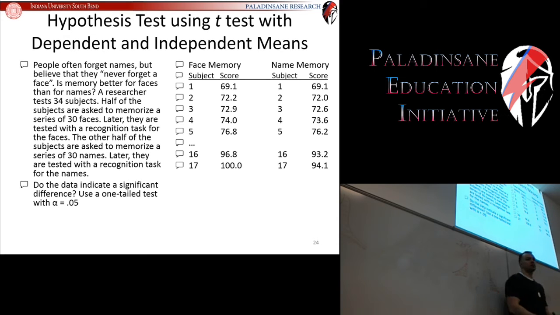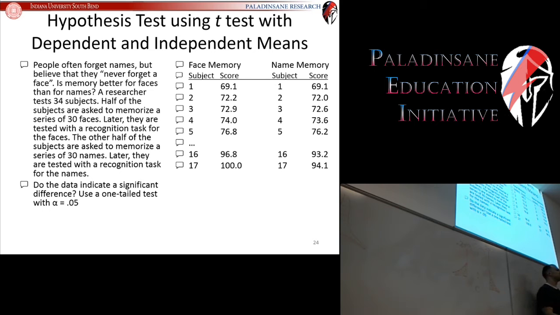So we're doing one-tailed because we're testing whether faces are better remembered than names. So in this case, we have subjects that are measured once. They memorize things, and then we see how well they recall those. So they're measured once, and then we have two distinct samples. We got one half of the subjects memorizing faces. We got the other half of the subjects memorizing names. So subjects measured once, two distinct samples.